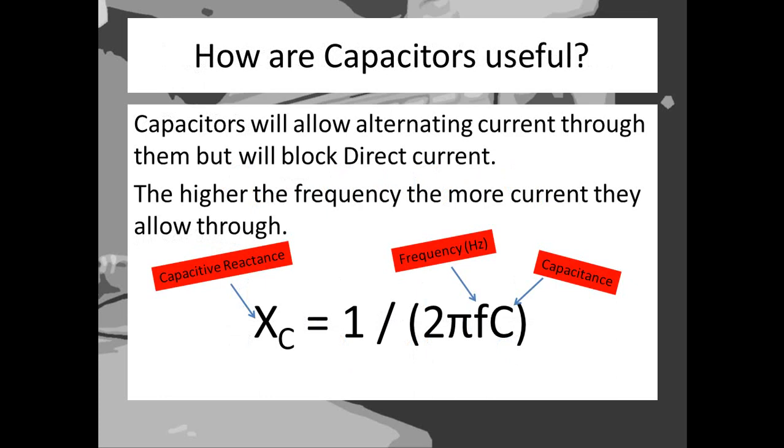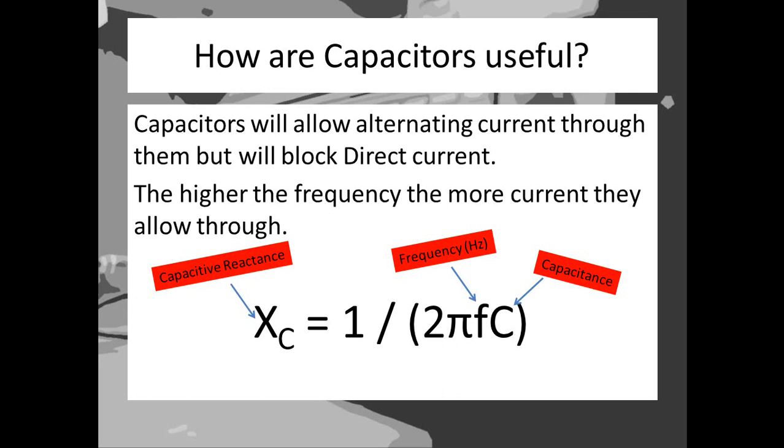Why are capacitors useful to amateur radio operators? Well, they will allow alternating current to pass through them, but they'll block direct current. And basically, the higher the frequency, the more current they allow through. There's something called reactance, which is basically like resistance, but resistance that varies with frequency.